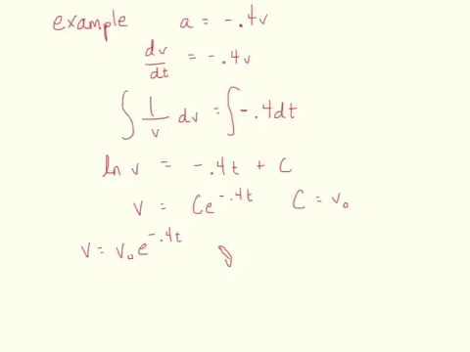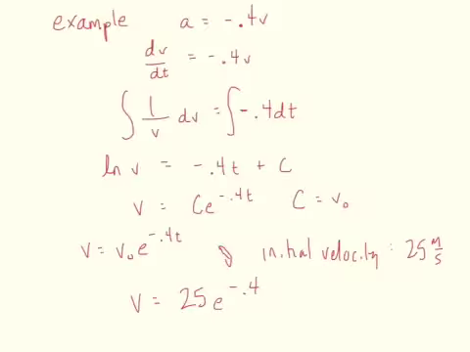And let's also say we know that the initial velocity was 25 meters per second. So maybe you had your car cruising along at 25 meters per second and you took your foot off the gas or put the car in neutral. Then what we could say is that the velocity of your car as a function of time is going to be 25e to the negative 0.4 t.